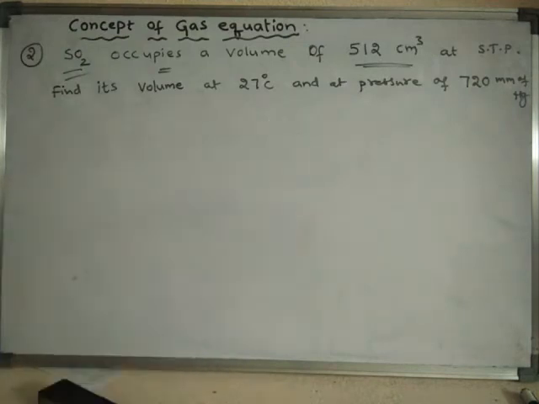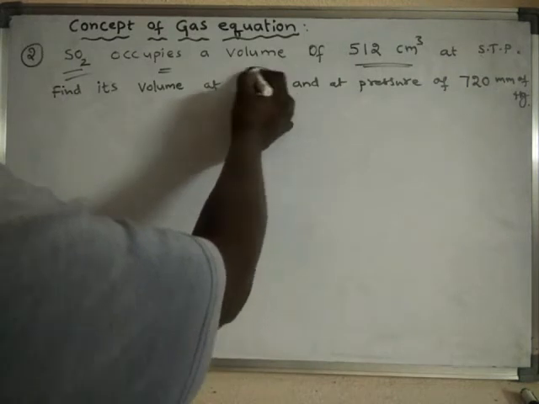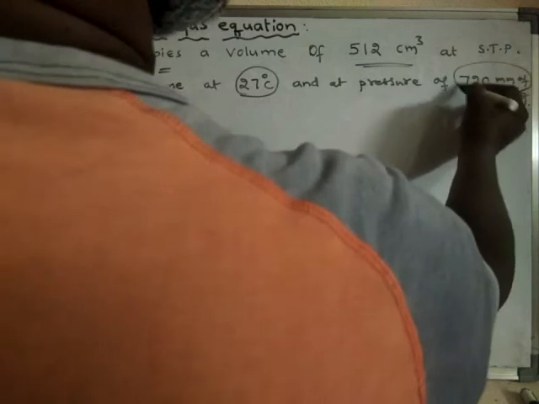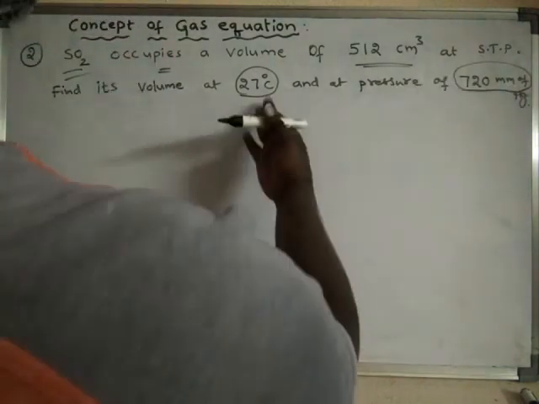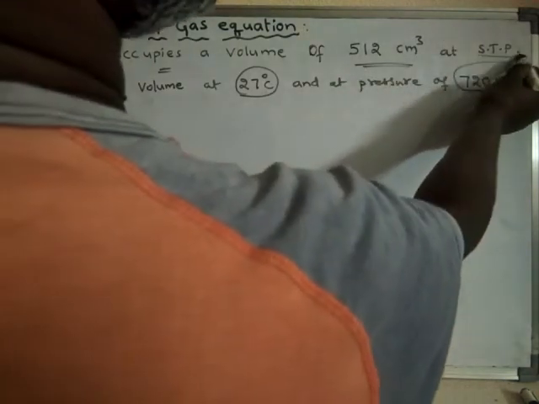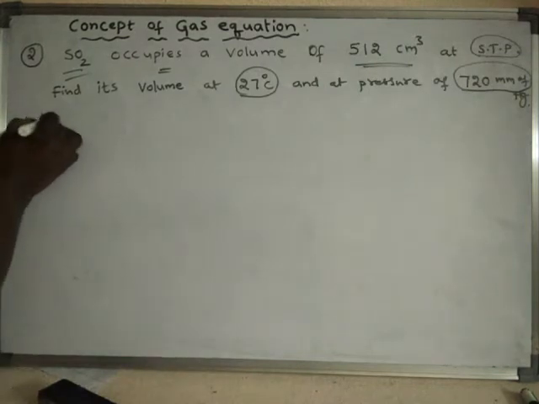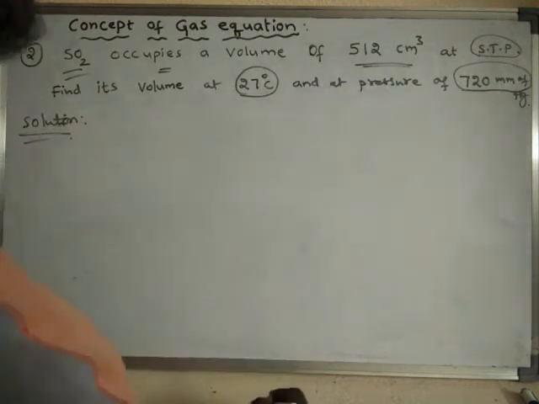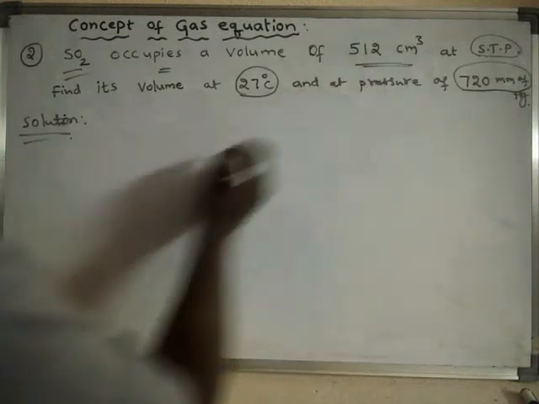So when the temperature is changed to 27 degrees centigrade and the pressure is changed to 720 millimeters of mercury, before that, what was the temperature? The standard temperature. In order to solve such questions, first we have to see what the initial conditions of the sulfur dioxide gas are. So the initial volume was how much?